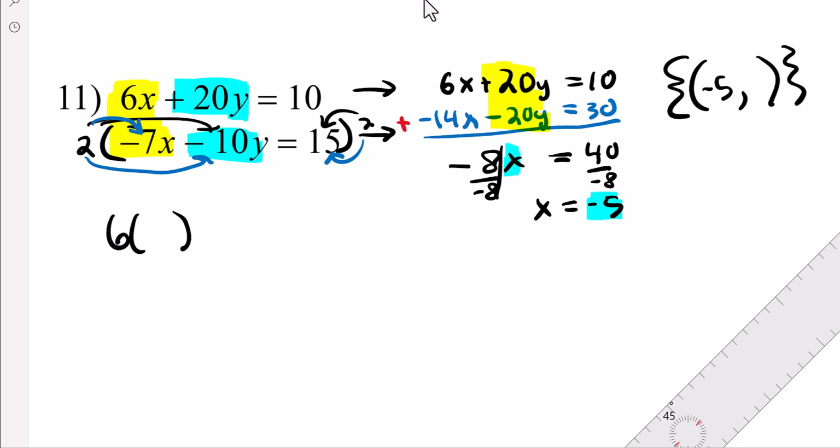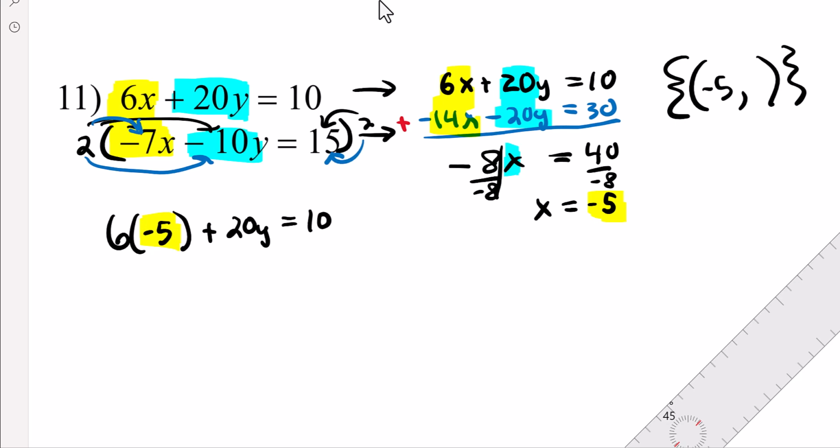So this x value, yeah, I was not consistent up there, sorry about that. So where the x was, we're going to go ahead and insert -5. And then we have plus 20y is equal to 10.